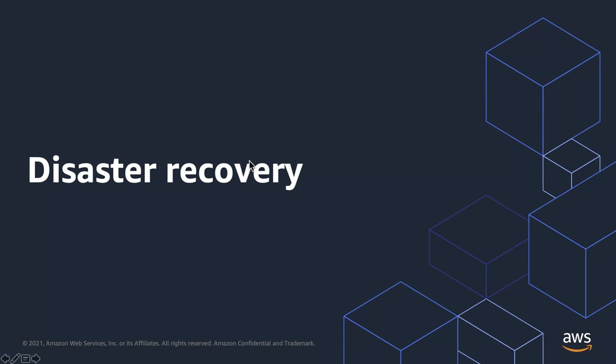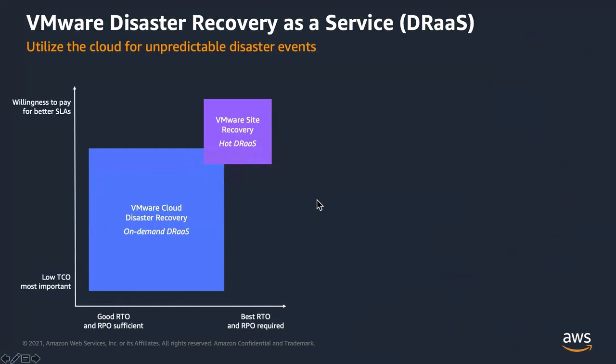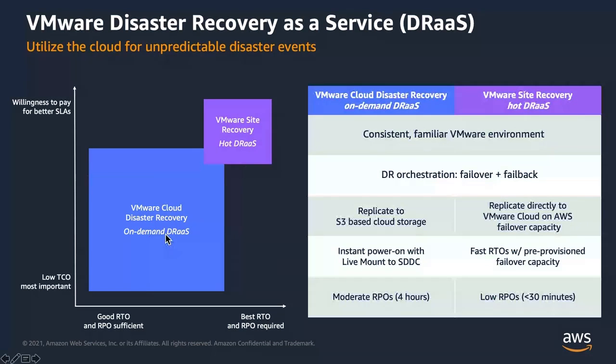Okay, so now let's focus on disaster recovery. We have two offerings for disaster recovery on VMware Cloud on AWS. The newest one is VMware Cloud Disaster Recovery. If you can build the slide up. For this option, much like CloudEndure, we are replicating over to a scale-out file system.